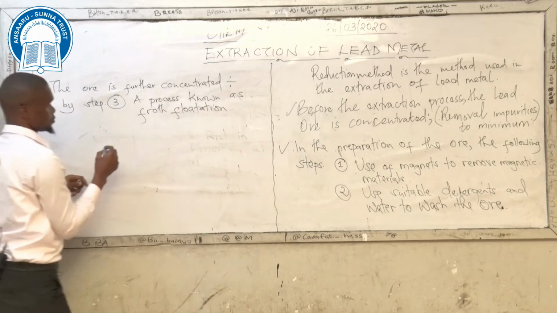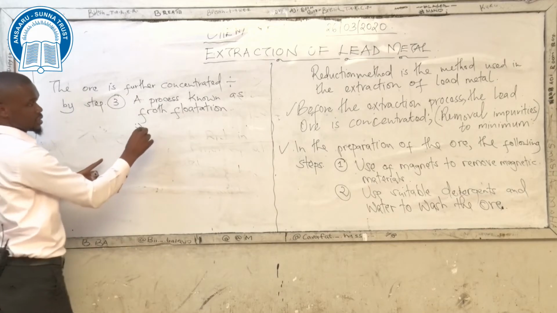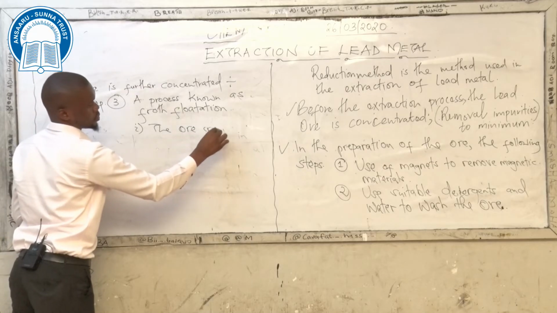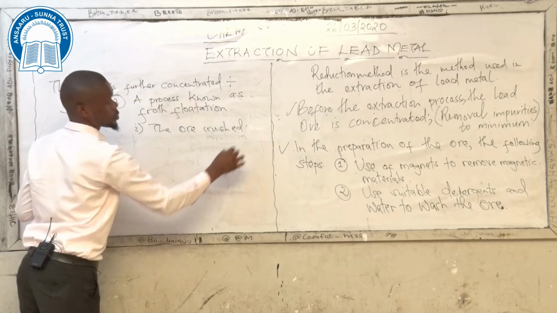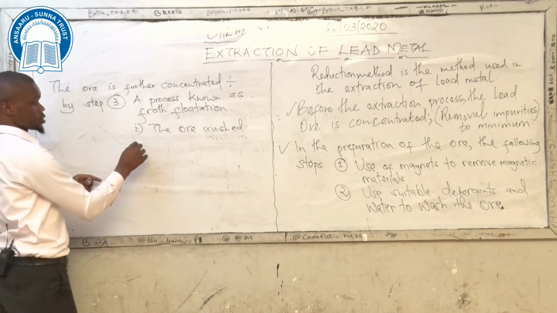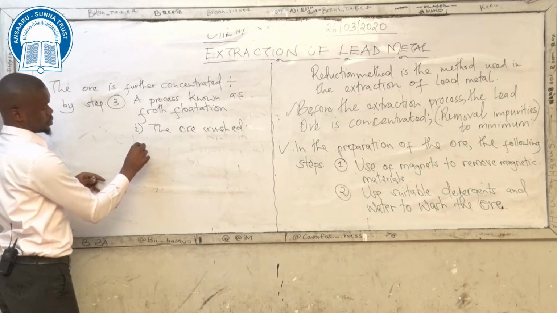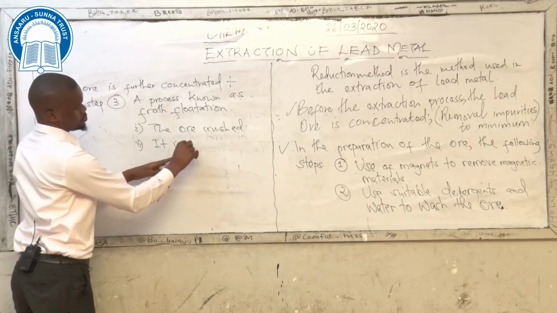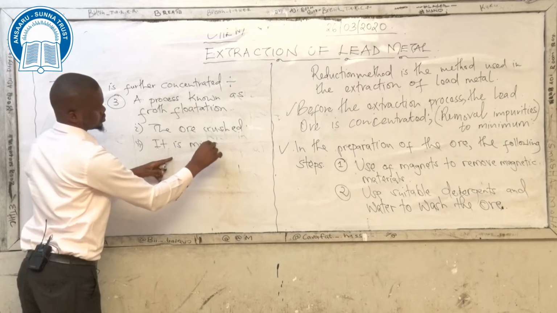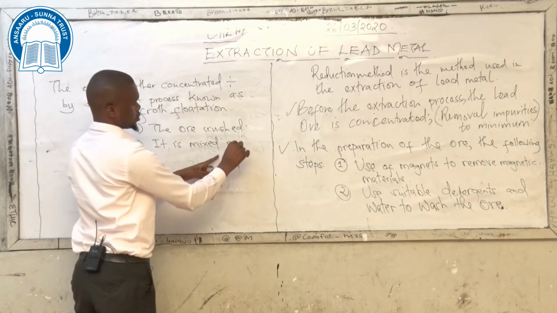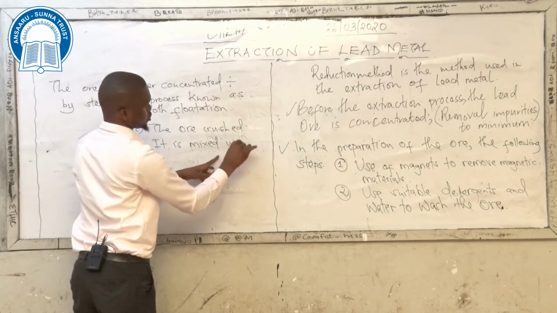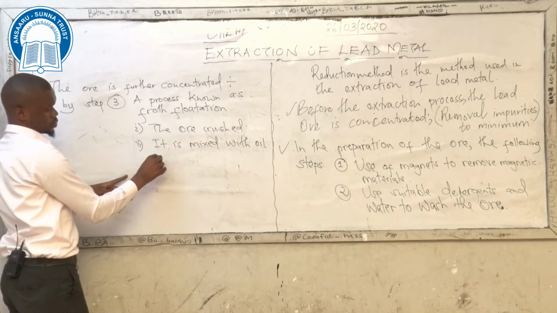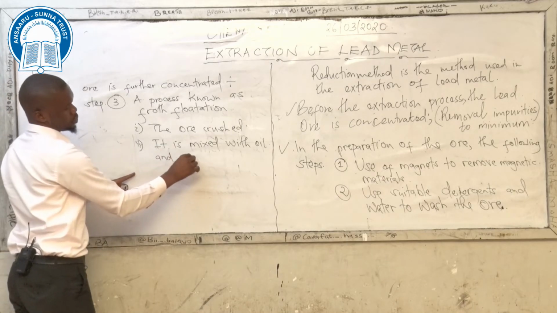Which entails, first, the ore is crushed. After the ore is crushed, number 2, it is mixed with oil and water.